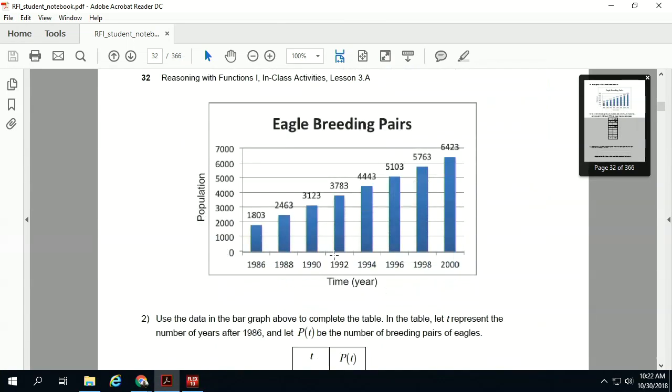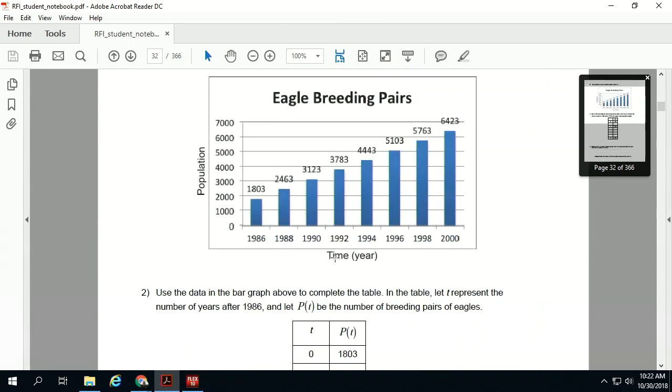So let's look at the graph on the next page. 1803, 2463, 3123. Would you agree the number of eagle pairs is growing? How do they show that on the bar graph? The bars are getting bigger, right?